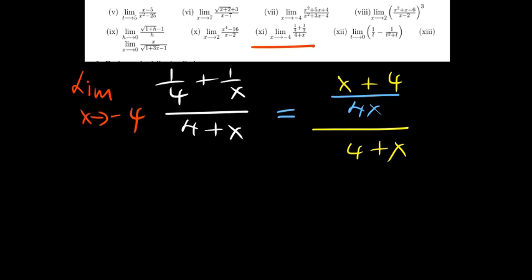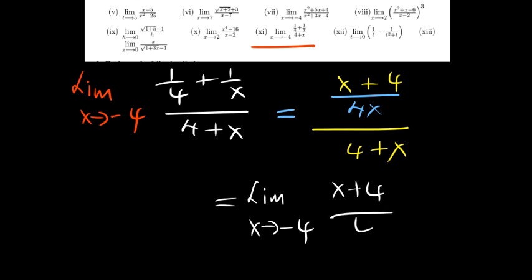So that can be written as, of course, don't omit the limit as I have. So at that point, we have the limit as x approaches negative 4 of x plus 4 over 4x, and then we're dividing by 4 plus x.